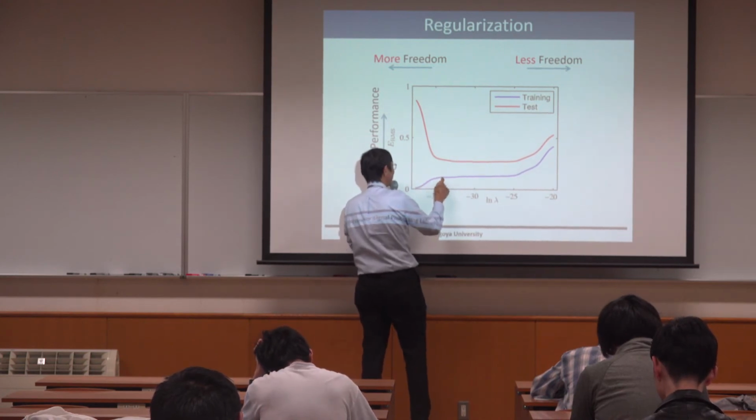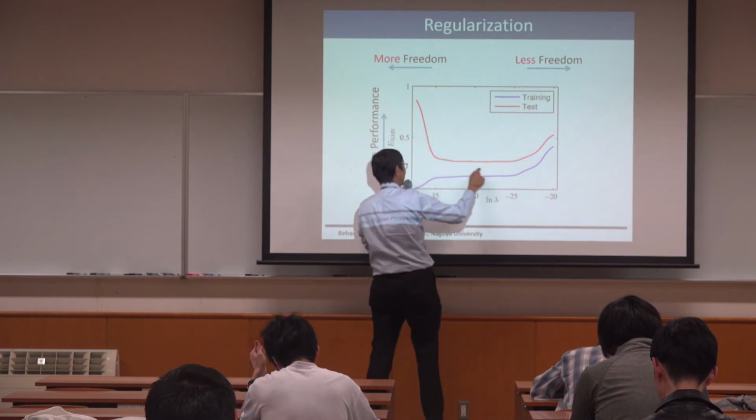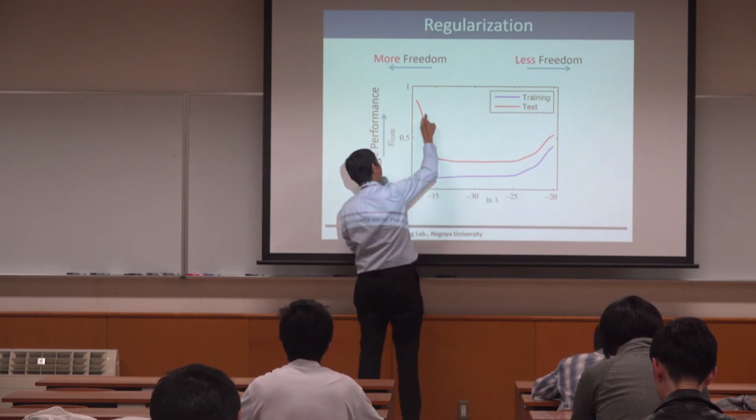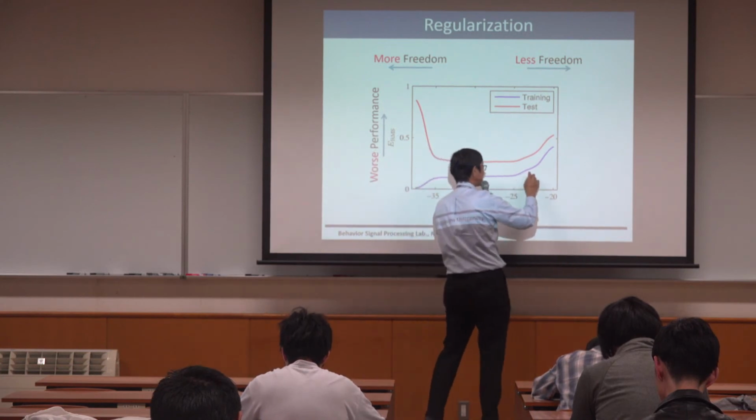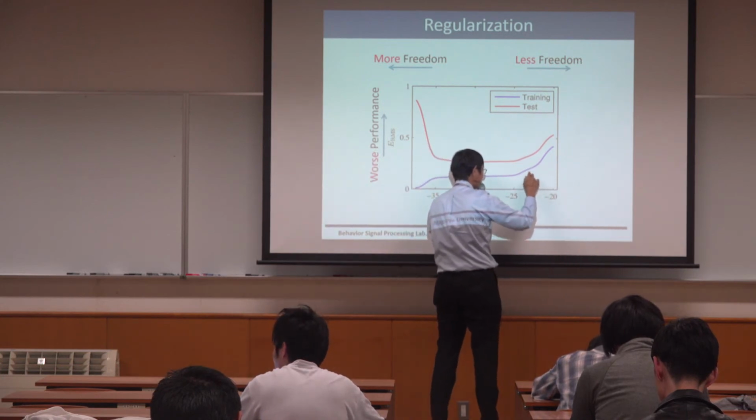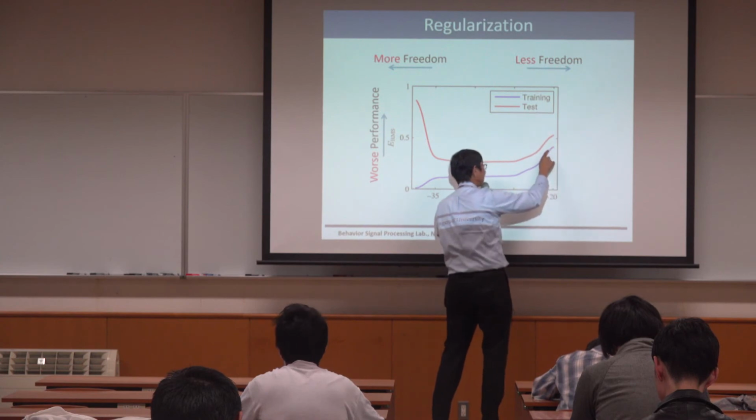But on the other hand, for the testing data, we get a worse result. But the model complexity is somehow controlled by the lambda value.